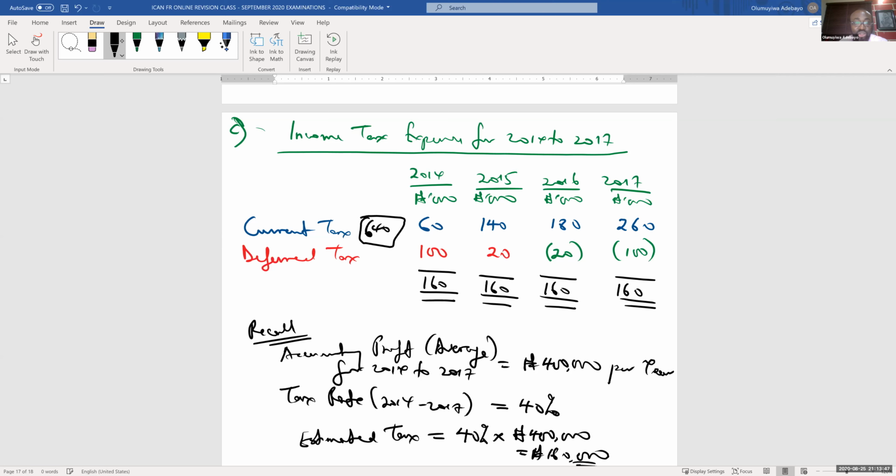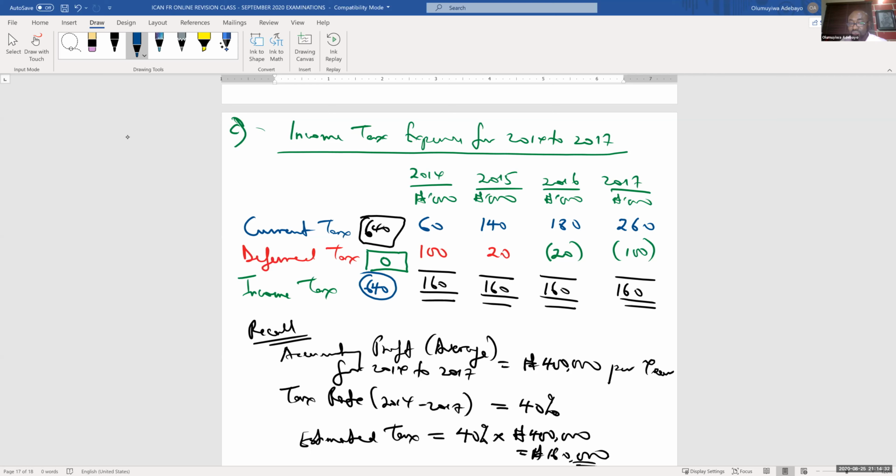Now, let's also sum together the deferred tax for the 3 years. What do we get? Zero. Now let's sum all together the income tax that we are recognizing. Sum 160 in 4 places. What do you have? 640.